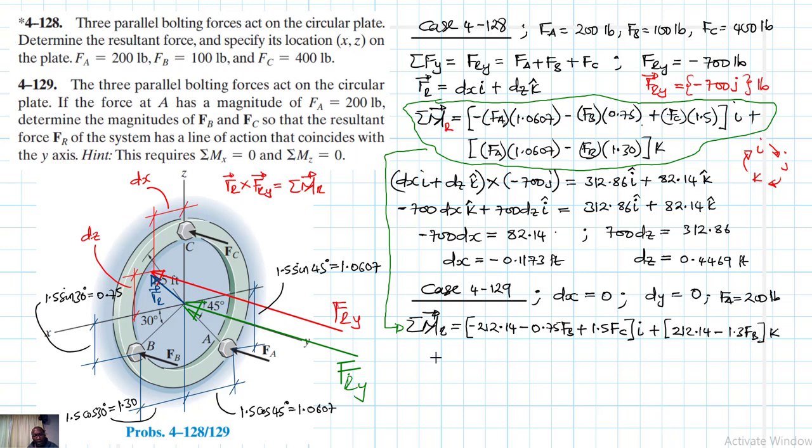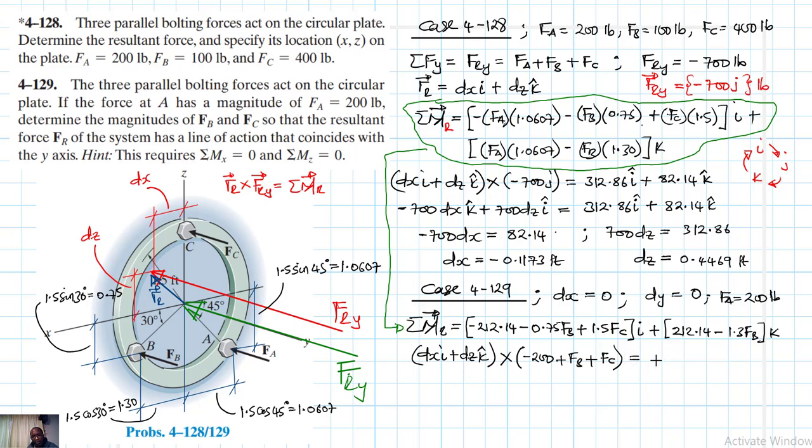And then we said this part, dx i plus dz k, cross the resultant, and we know the resultant is just 200 minus 200, plus FB plus FC.